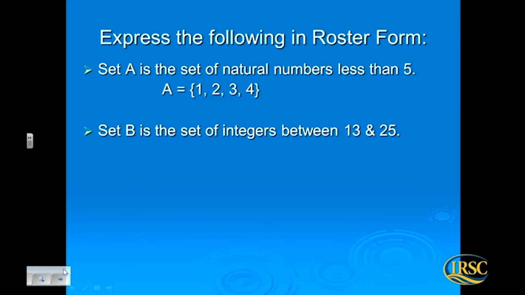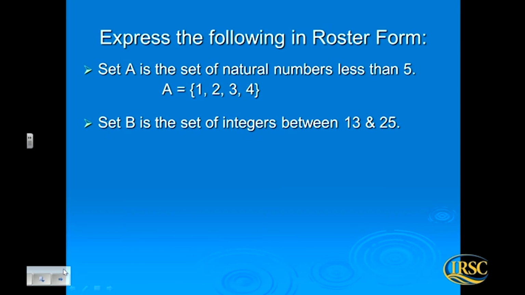Okay, next, set B is the set of integers between 13 and 25. Does anybody want to raise their hand and tell me what we should write for this set? Tabitha? B equals, brace, start with 13, goes through 25.